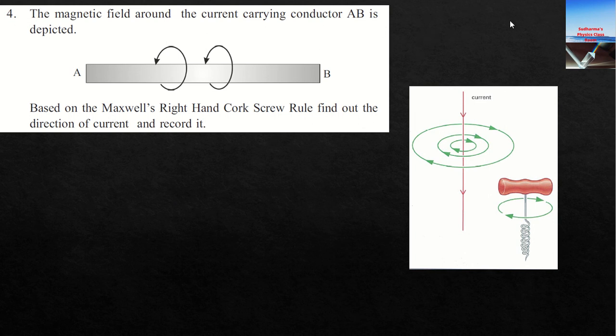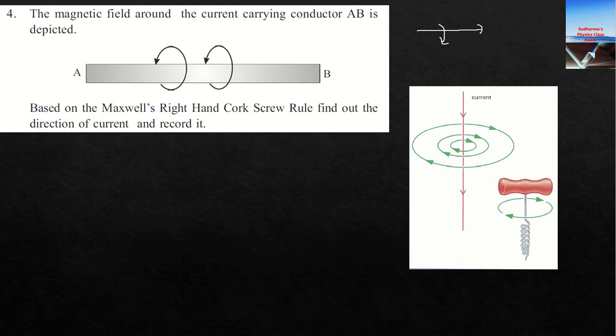If you are taking the current from A to B, I have to tighten the screw in this direction. Imagine your pen as a screw, and you're going to tighten the screw, rotating it clockwise using your right hand. So you see that the rotation is in this direction.